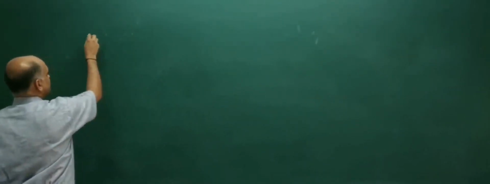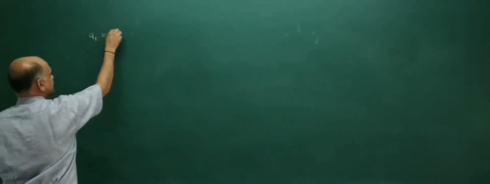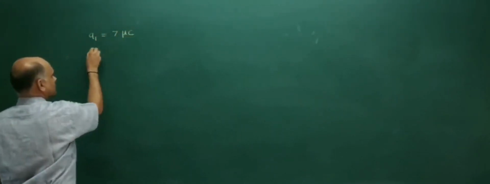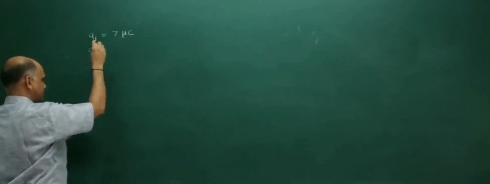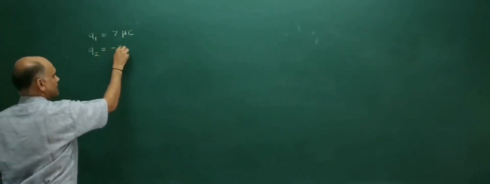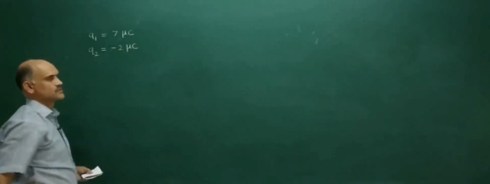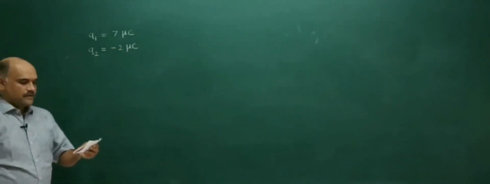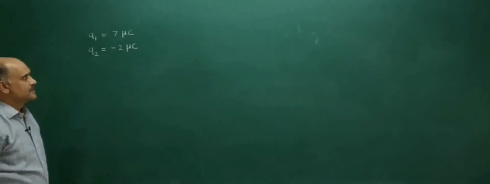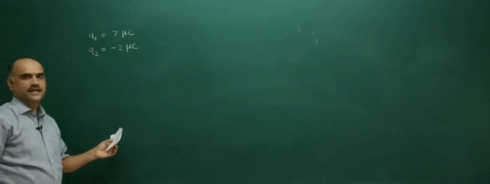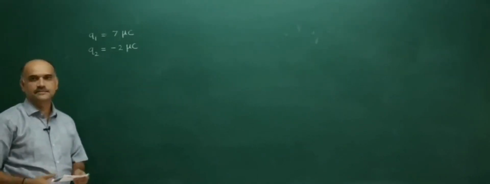Noted down students. So first problem. You are required to find potential energy of system of two charges. There are two point charges, 7 microcoulomb, I will take it as q1, and q2 is minus 2 microcoulomb, with no external field, placed at minus 9 centimeters and plus 9 centimeters respectively.